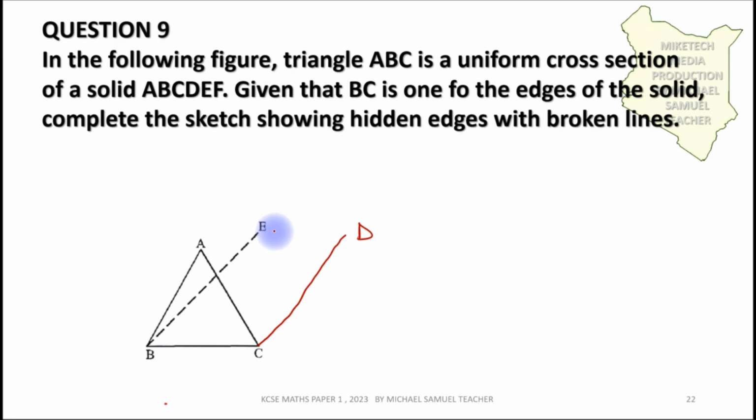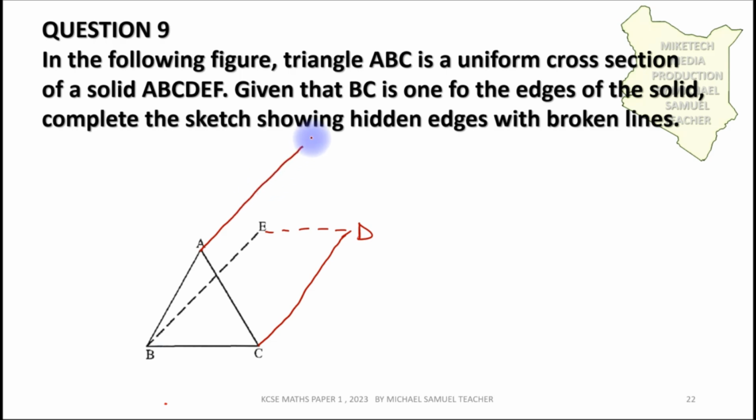Then we join E to D, which is parallel to BC, but in this case is actually hidden, so we draw using broken line, like that. The other case is to locate the vertex F, which will be parallel to BE and also DE. So from A, and this will be drawn using complete line, like that.